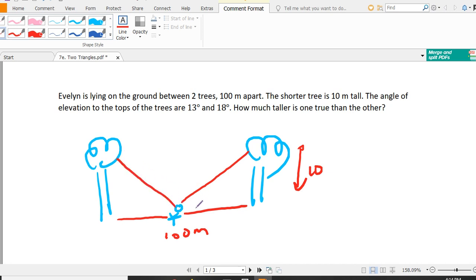Where do you think the 13 will go, and where do you think the 18 will go? Well, the higher the angle of elevation, the taller the object. Think about craning your neck: the higher you look up, the taller the thing you're looking at is. Which means this must be 13, and this must be 18. Now our job is to find out how much taller this tree is.